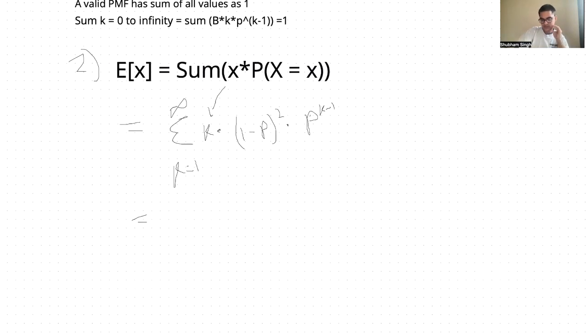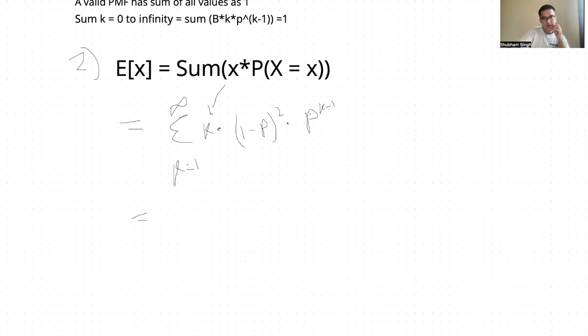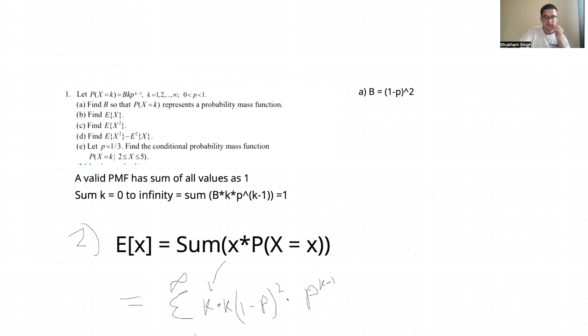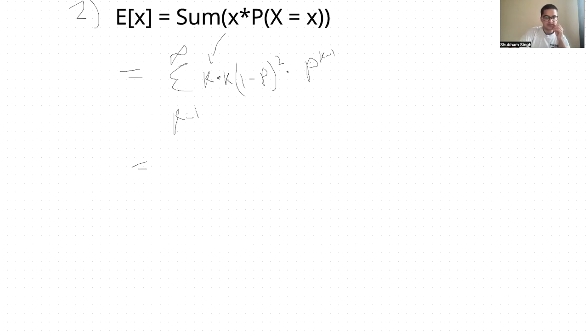I think we missed another k that we had from here, so this becomes the summation of k equals 1 to infinity of k square times (1 minus p) whole square times p raised to k minus 1. Is that clear? I hope it is.